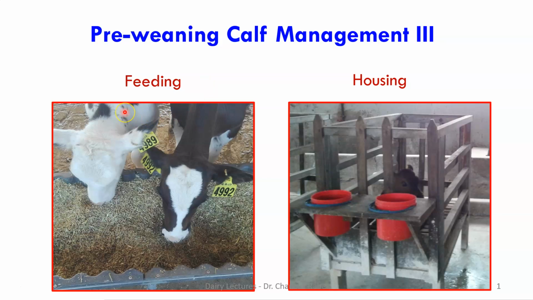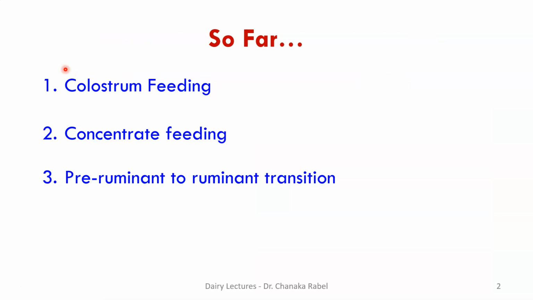So we have so far talked about colostrum feeding in detail: the quantities, when, how much to give, frequency, which route, the physiological importance, the nutritive values, the immune function, different types of placentation, and so on.